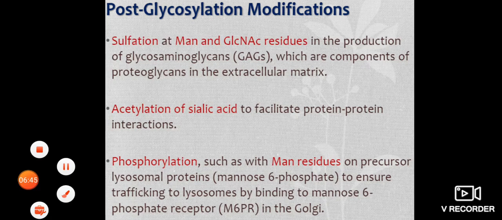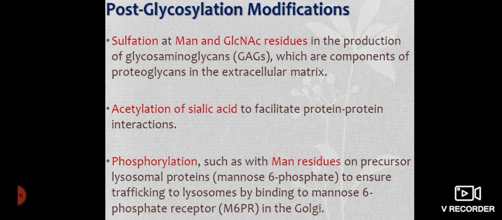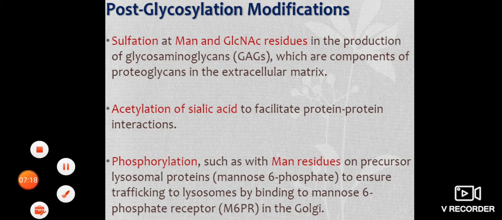So here, after glycosylation, there are going to be other types of modifications which we are going to observe in the proteins, that is sulfation, where addition of a sulfate group is going to take place for mannose and N-acetyl glucosamine residues, so that they can convert into glycosaminoglycans, which are components of the proteoglycans, that are sulfated heteropolysaccharides, which we have already seen earlier.